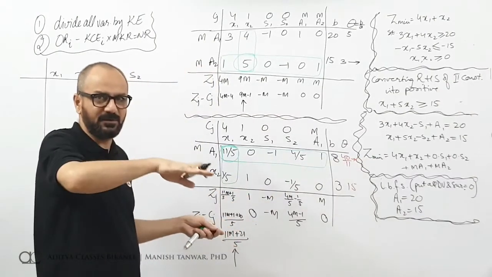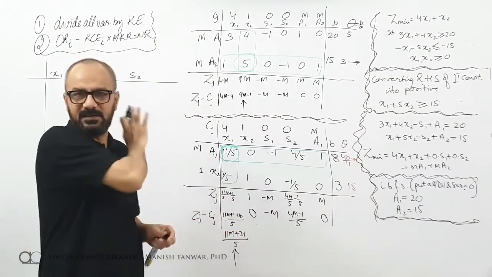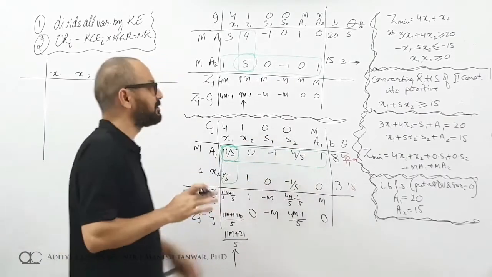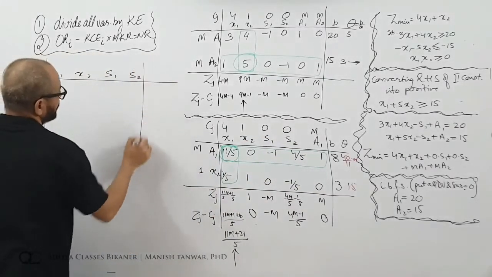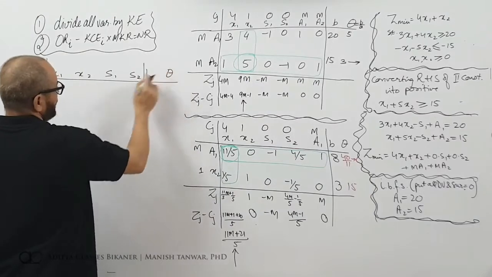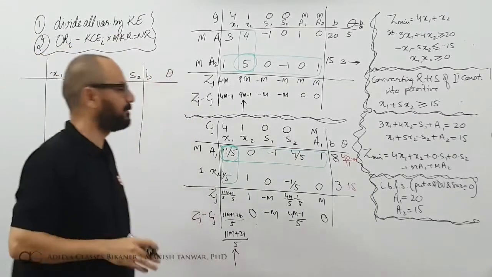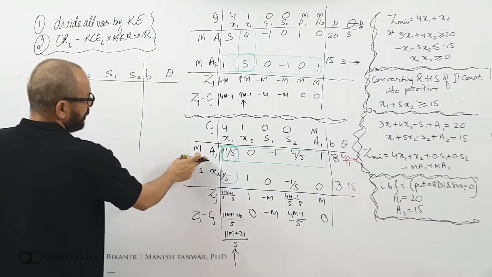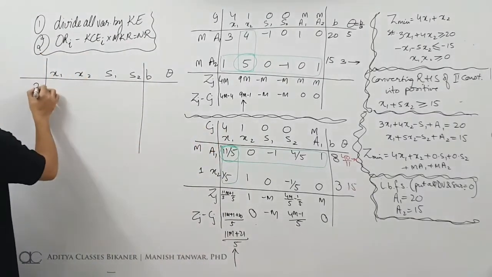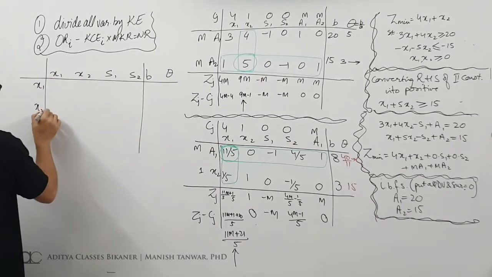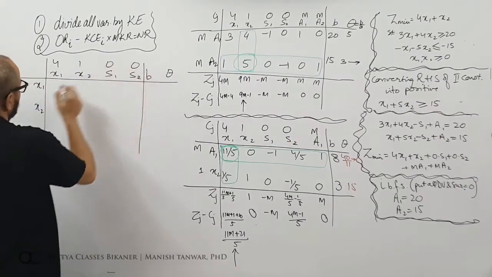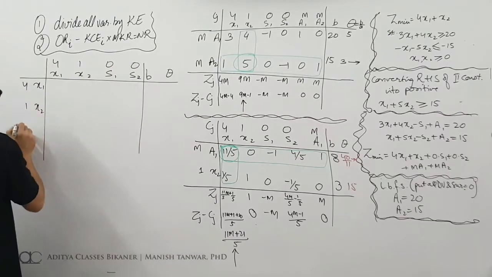Whenever an artificial variable becomes outgoing variable, it is out forever. a1 will not come here also. So I have a b and theta. a1 and a2, both artificial variables are out of my calculation. a1 is being replaced by x1 and x2. Contributions being 4 and 1.